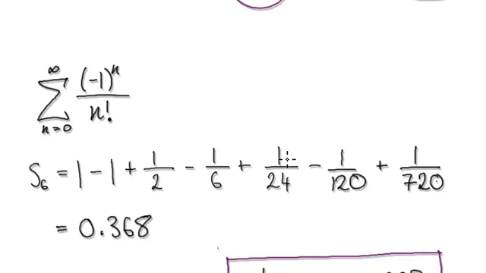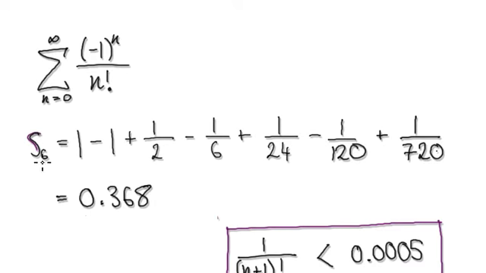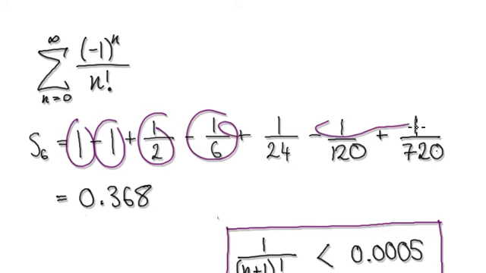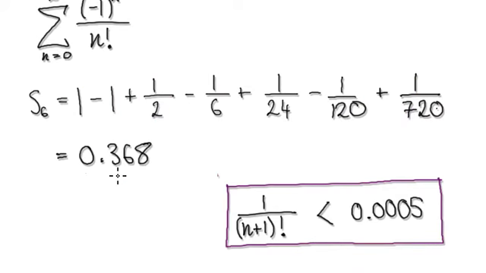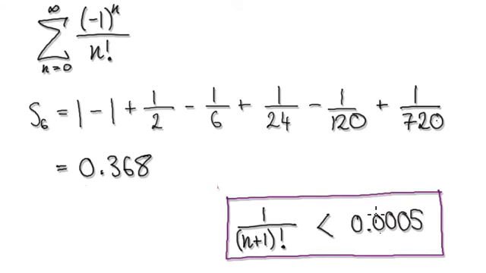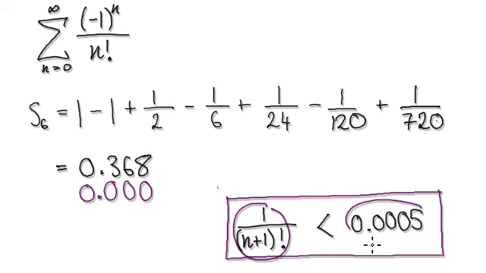So what that means is S sub 6 would give us this. So now sum up everything. That will then give you this. So now what that means is, remember, we want the error to be less than 0.00005. So our error here is less than this value here.